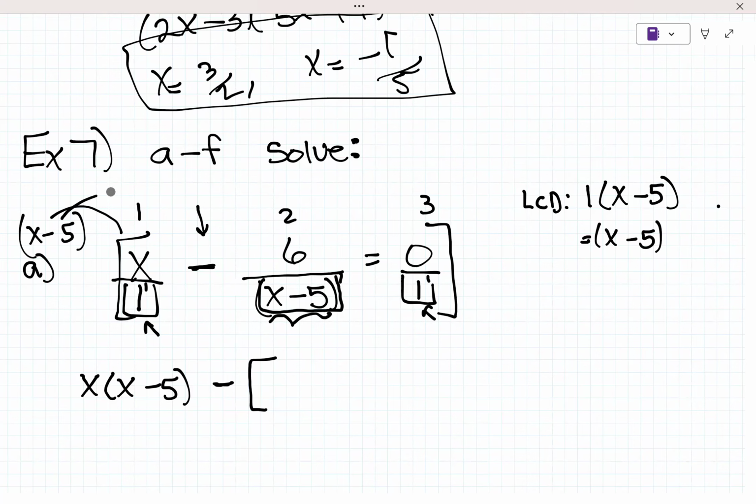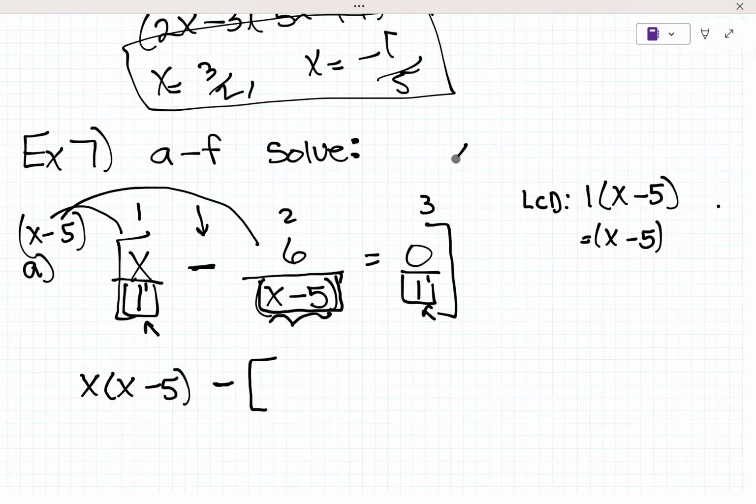Now, what is x minus 5 times 6 over x minus 5? That looks a bit confusing, but if you get lost, write it out. If they're the same on the top and bottom, which we have with x minus 5, they disappear, and you're just left with the numerator 6.